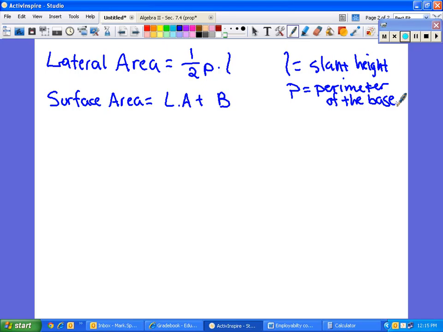I don't want to just draw a straight line L because it'll look like a 1. So the lateral area is 1/2 P times L, where P stands for the perimeter of the base and L stands for the slant height.